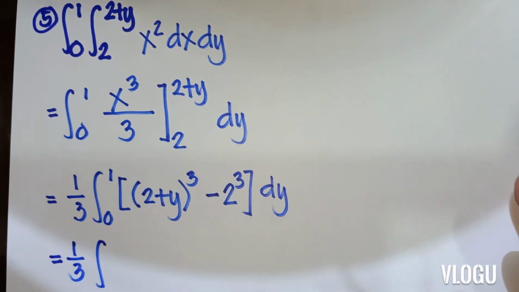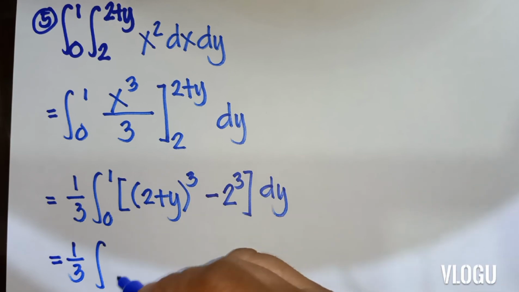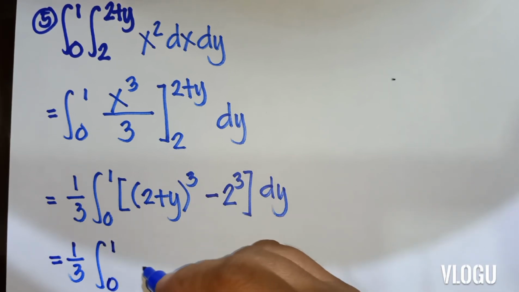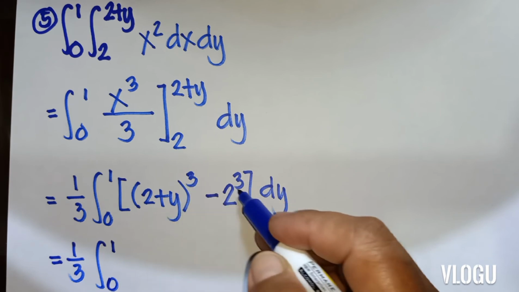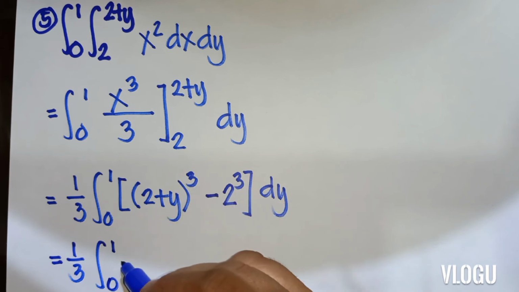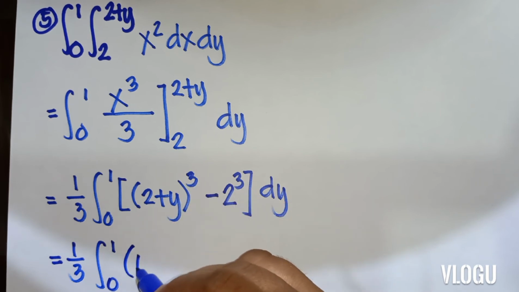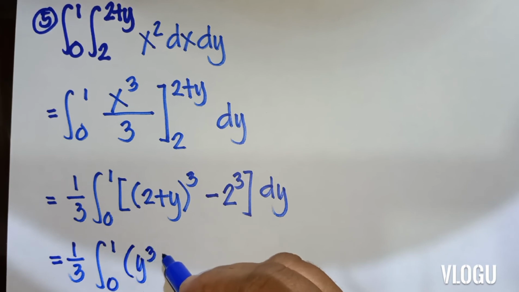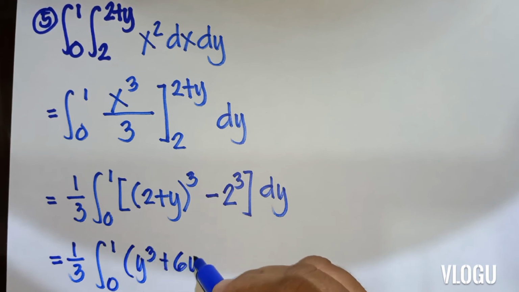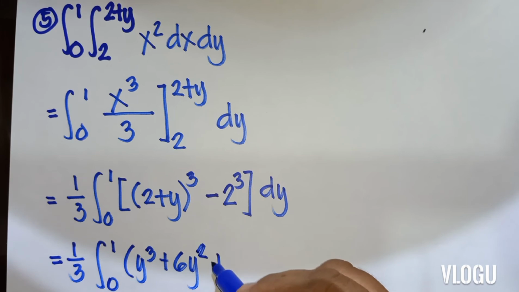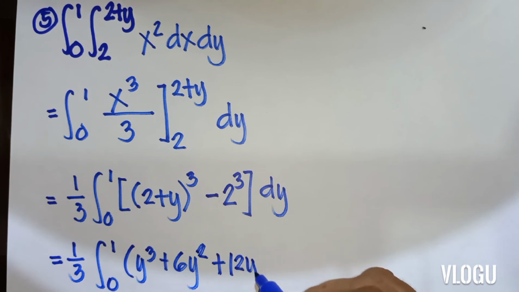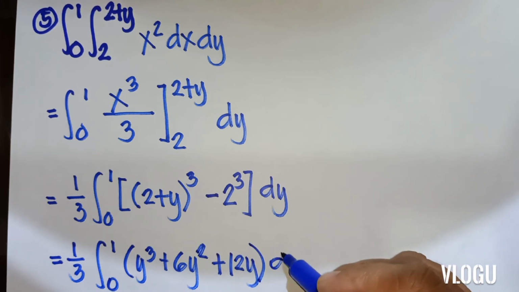This is equivalent to 1/3, 0 to 1, of 2 plus y cubed minus 2 cubed, that is equivalent to y cubed plus 6y squared plus 12y dy.